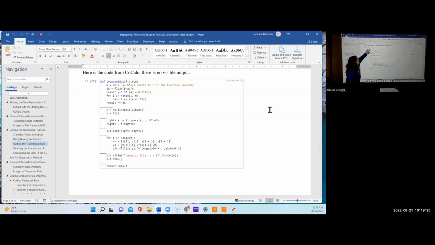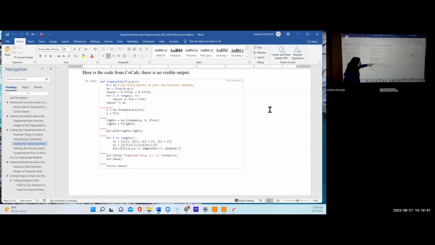And you'll notice that defining the trapezoidal routine is at the far left, and all of this is indented underneath it. And then when we have this for loop here, it's also indented underneath that, but plot title and plot show are back indented under define. And then the last thing is return result.